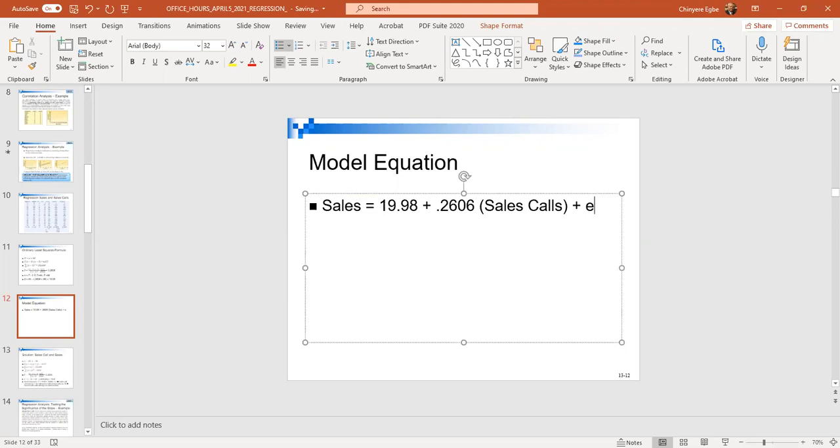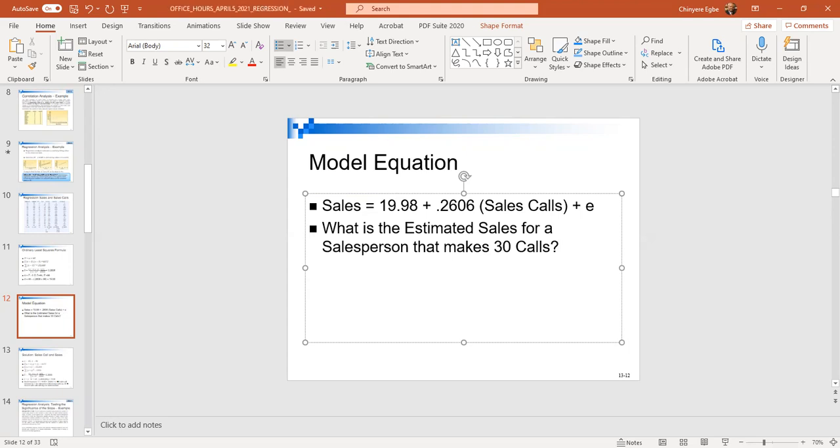All right. So now let us try to say, what is the estimated sales for a salesperson that makes 30 calls? That is the same thing that you're going to do with the boss problem, and I'm going to give you an idea with one of them.